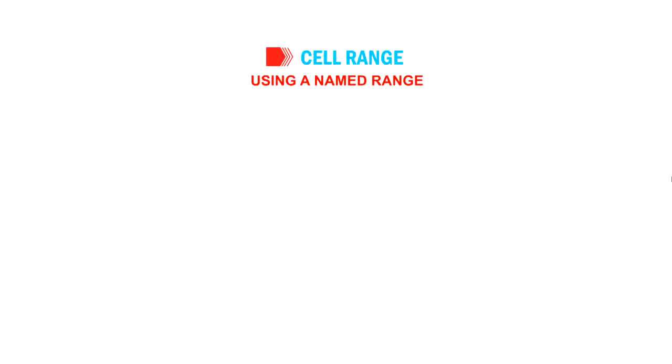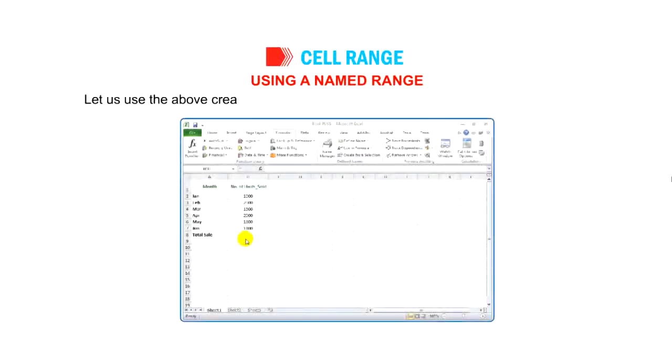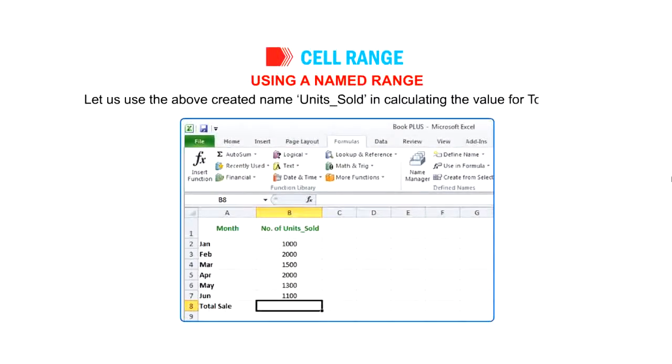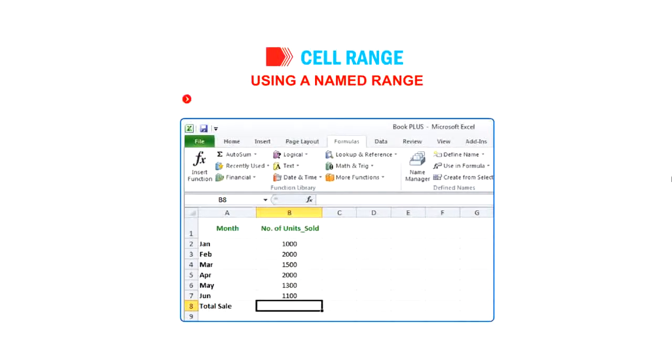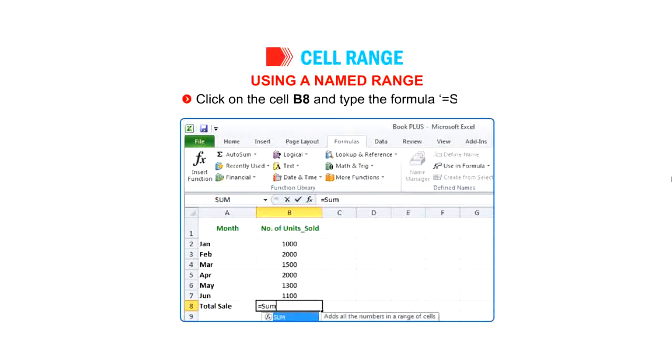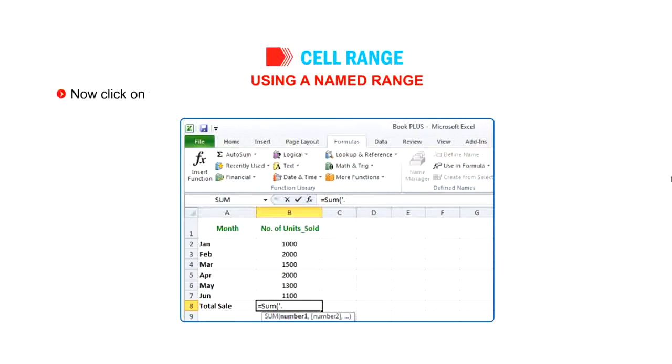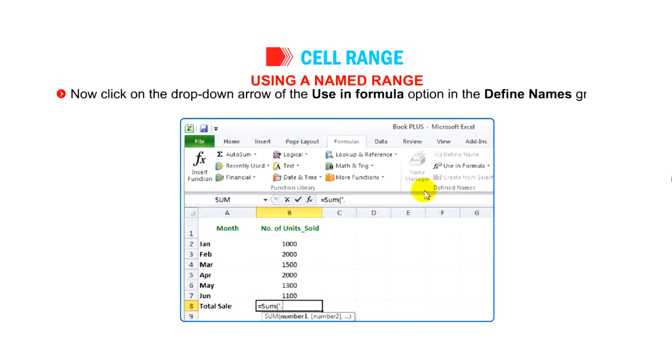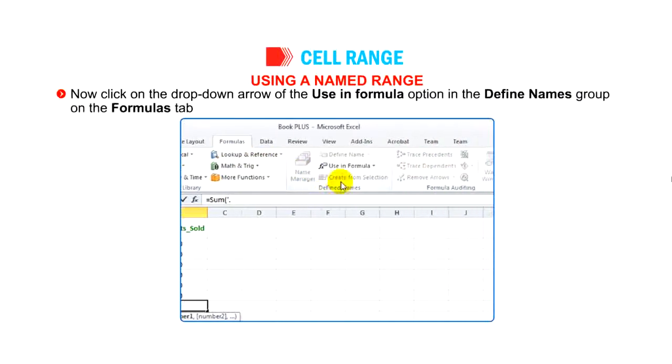Using a named range. Let us use the above created name, units_sold, in calculating the value for total sale. Click on the cell B8 and type the formula =SUM( Now click on the drop-down arrow of the Use in Formula option in the Define Names group on the Formulas tab and select the name units_sold from the displayed list.